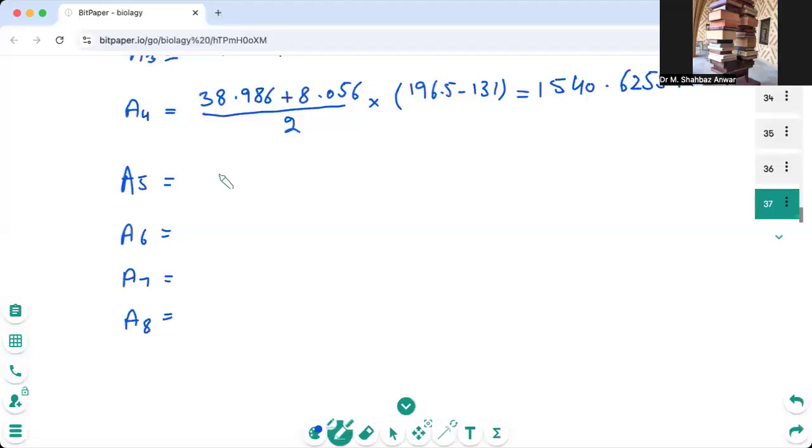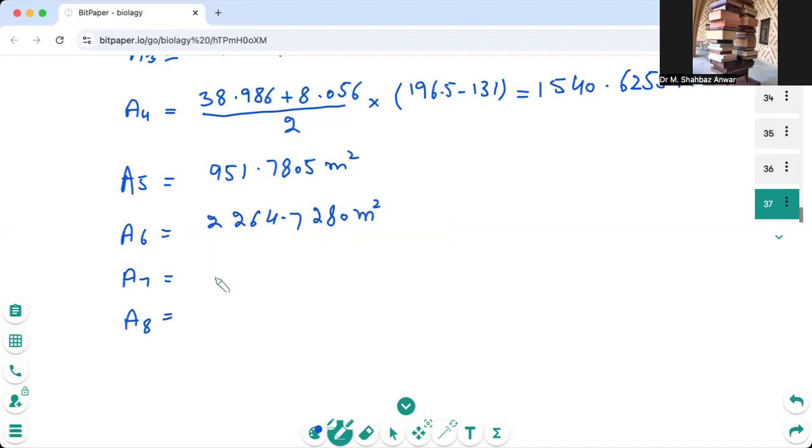So area 5 is 951.7805 meter square, and area 6 is 2264.7280 meter square. If, for example, you have this question in an exam, you need to do a proper workout. Then you will get maximum marks instead of directly giving areas.